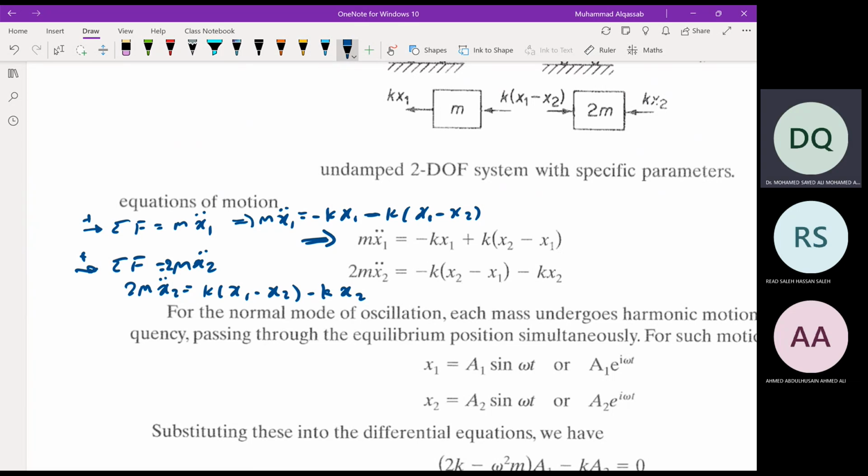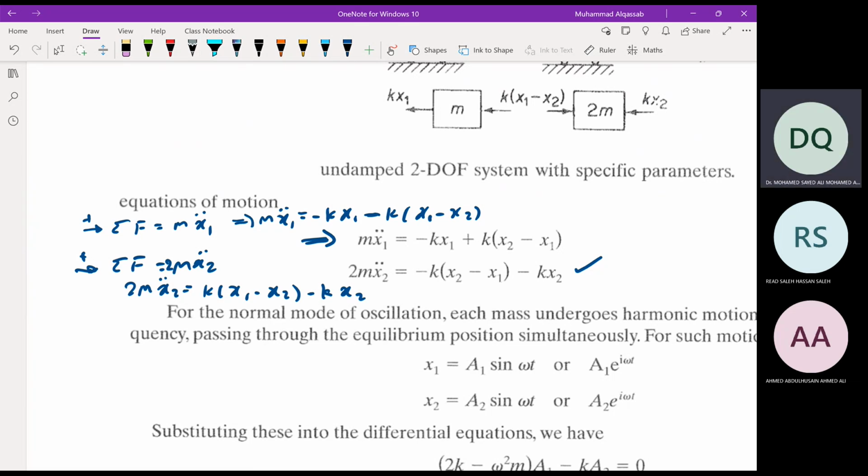Okay, again, he flipped the sign, but this is the same. 2m x2 double dot equal to minus k(x2 minus x1), which is the same as saying plus k(x1 minus x2) minus k x2. Okay, those are the two differential equations which we need to solve.